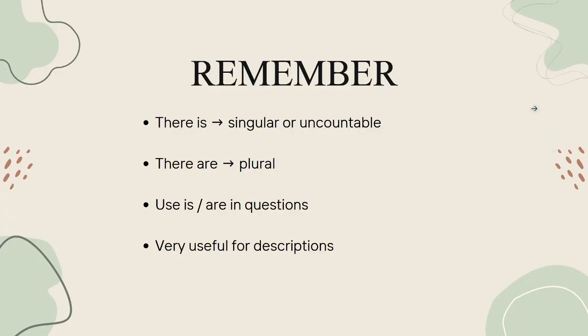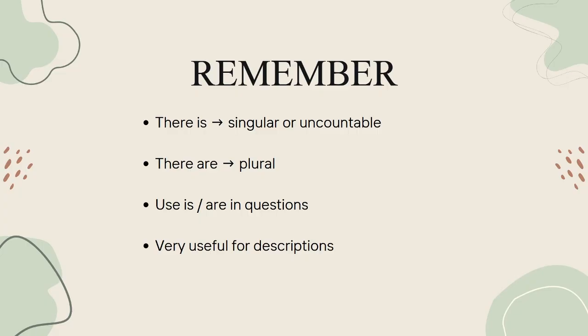So remember, there is for singular and uncountables. There are is for plural. Use is or are in questions. Basically, this topic is very useful for description. We use descriptions to mention what we have.